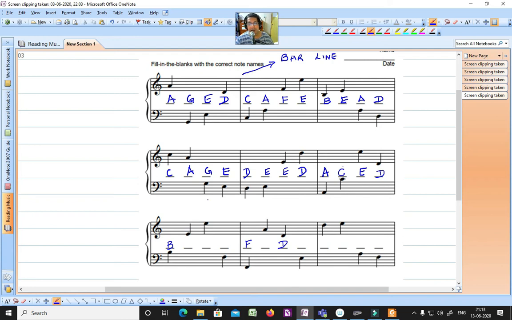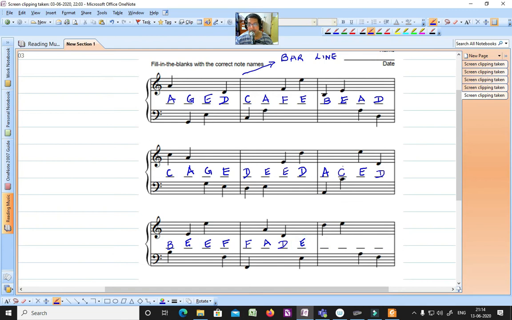This is basically like a puzzle with a word. So now I know this is B, this is an E, this is also an E, and this is an F. Next one: the starting one is an F, A, D, and this is an E. Now I'm just looking at the notes.